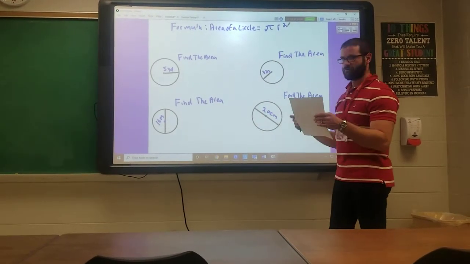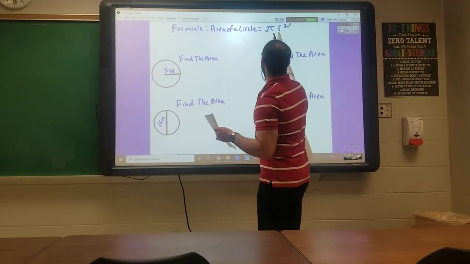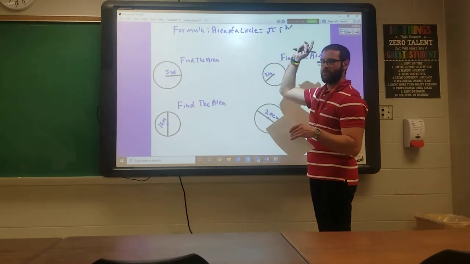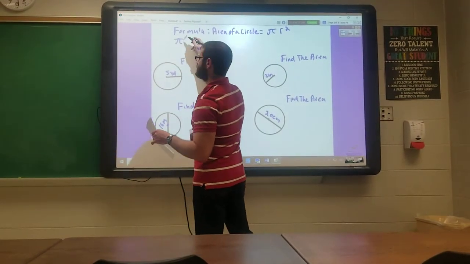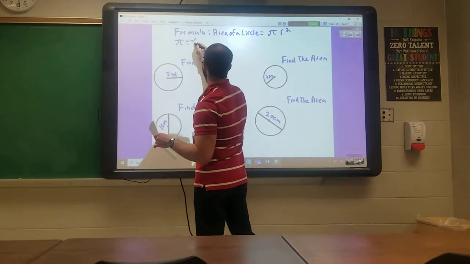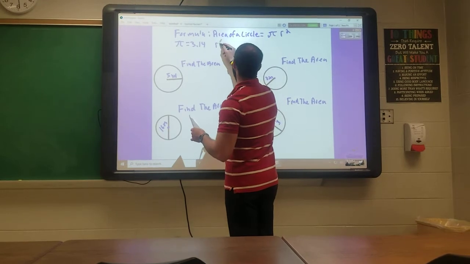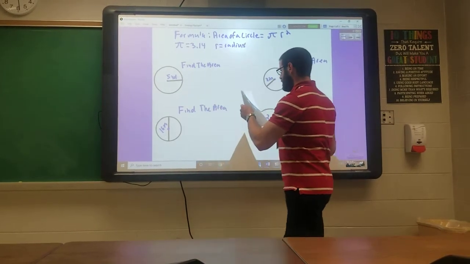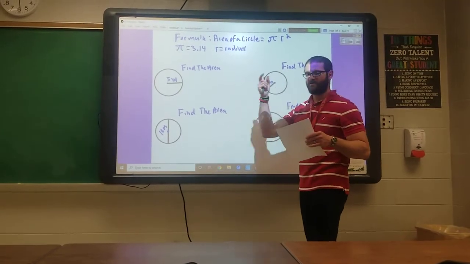Okay, remember R is radius. And we square the radius and then multiply by pi. Remember, pi we've used 3.14, and we will also use that value in these calculations. So pi 3.14, remember R is the radius, and remember that the radius is actually half the diameter.